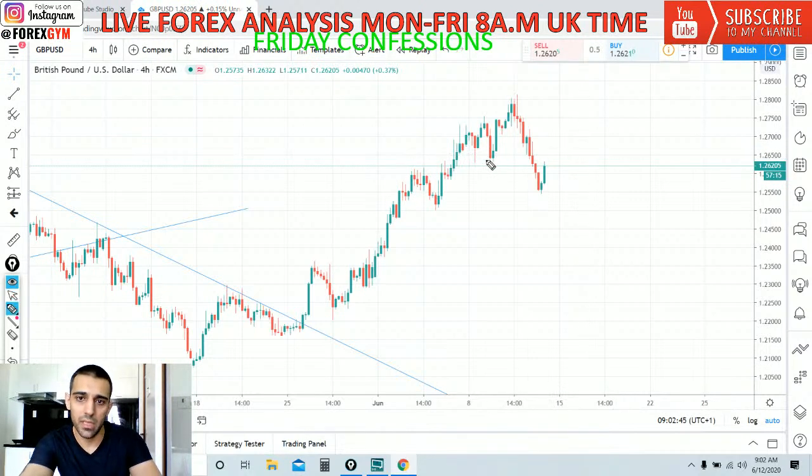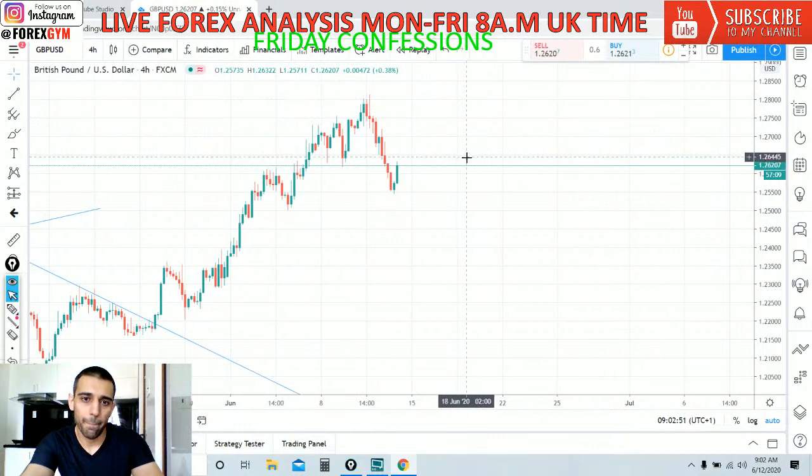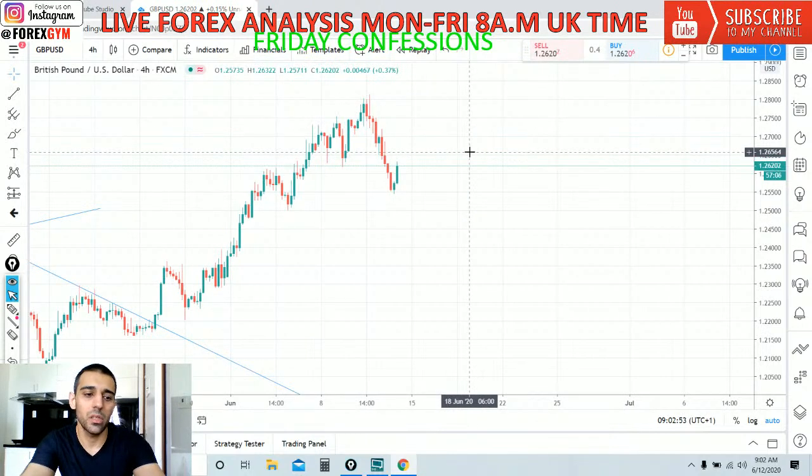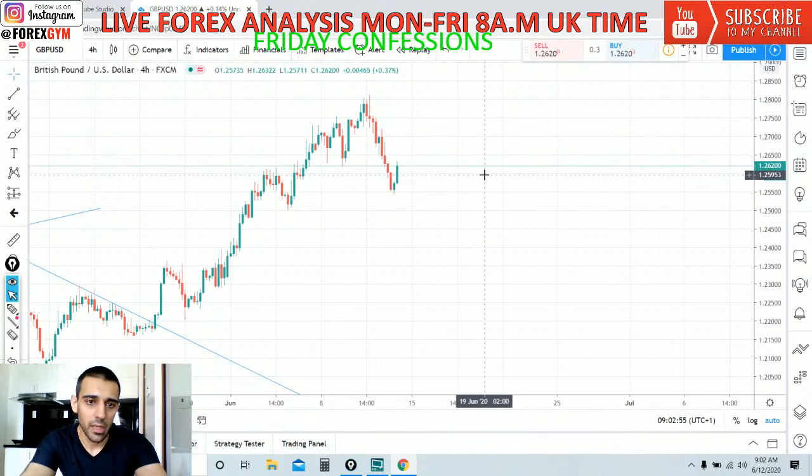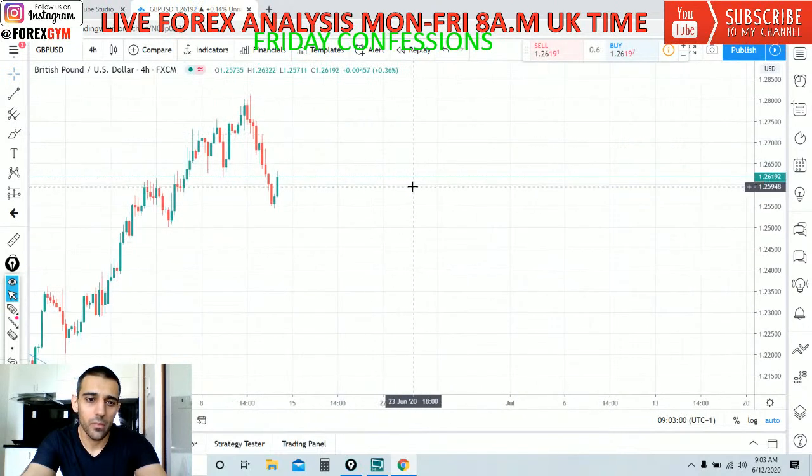We also have this 4 hourly resistance level, from this high down to this low, so it could be a good area to target. We just need that retracement on 2600.